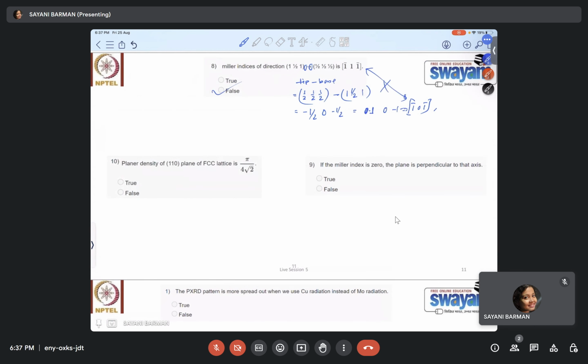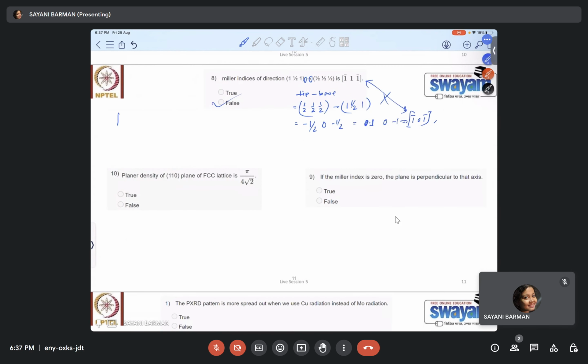Okay, so we'll just draw here. Now 110, we have just seen what the 110 plane is.